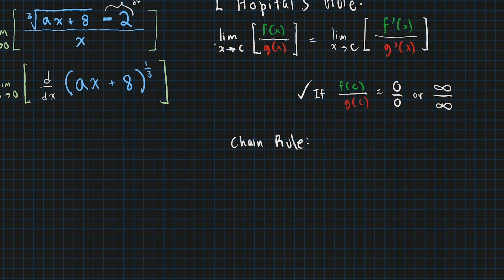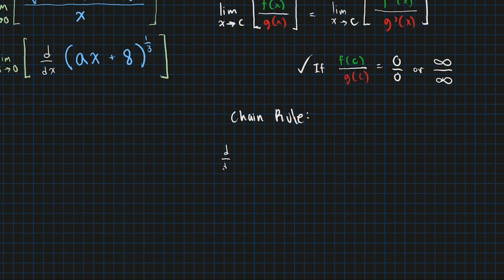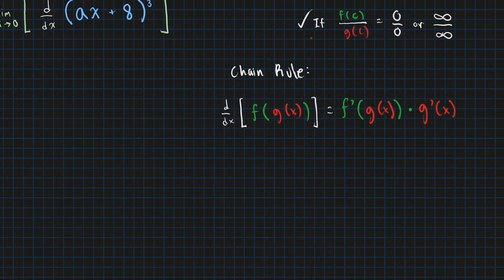Well, chain rule tells us that if we are taking the derivative of a composite function, which is just f of g of x, well, that is just equal to f prime of g of x multiplied by g prime of x. So the derivative of f with respect to g and times the derivative of g.